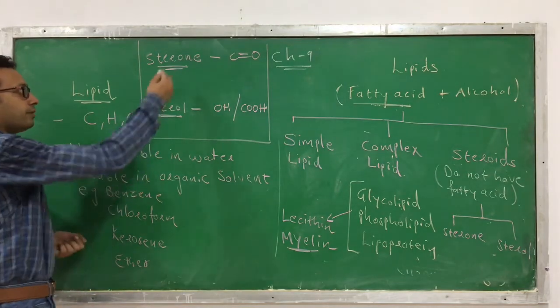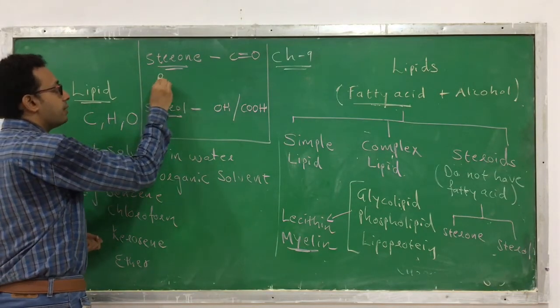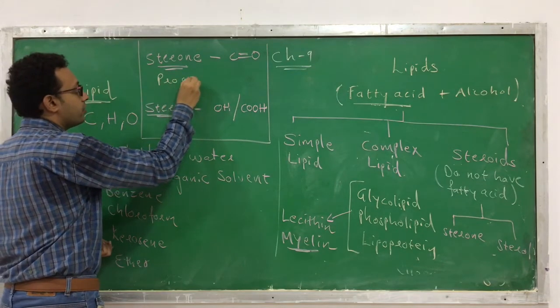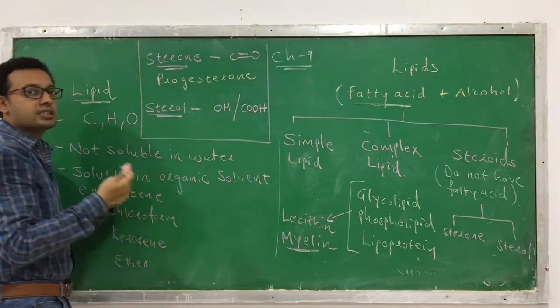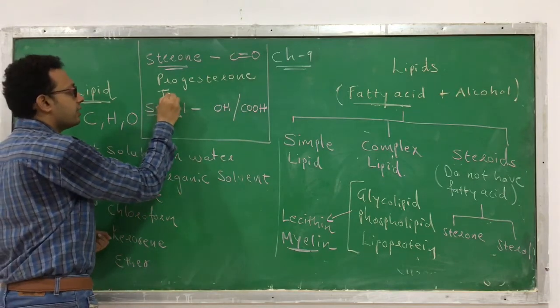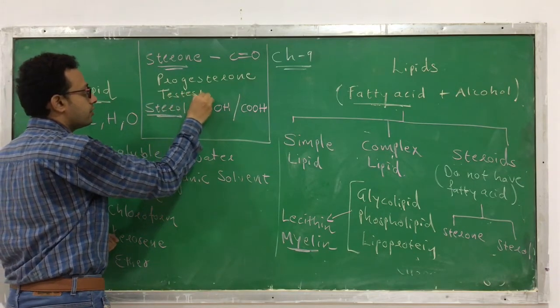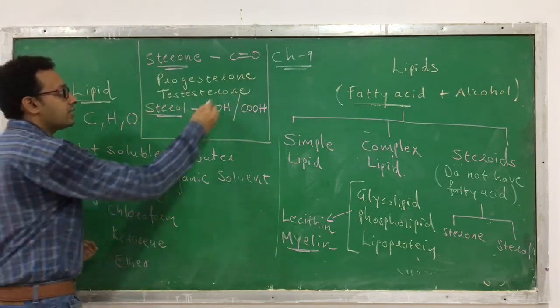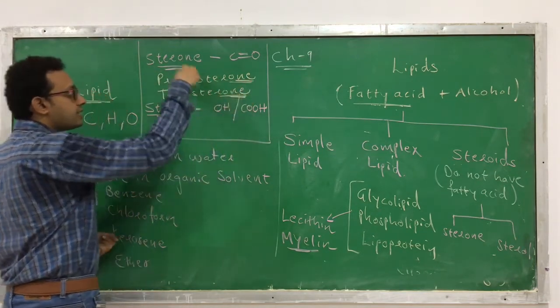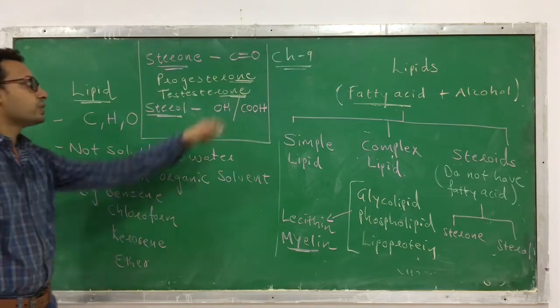Now I will give you examples of sterone: progesterone, which is an easy example, or testosterone. Here you can see 'one', that is they are sterones. They contain the C double bond O functional group.